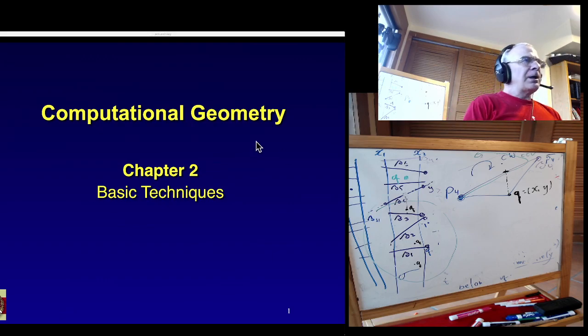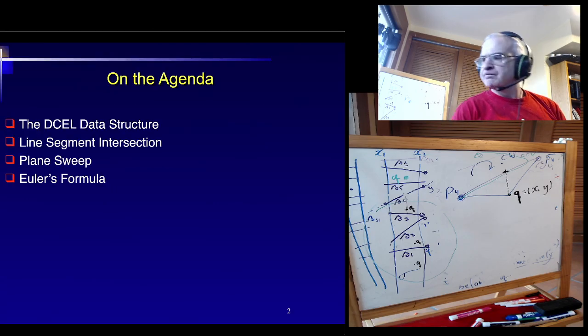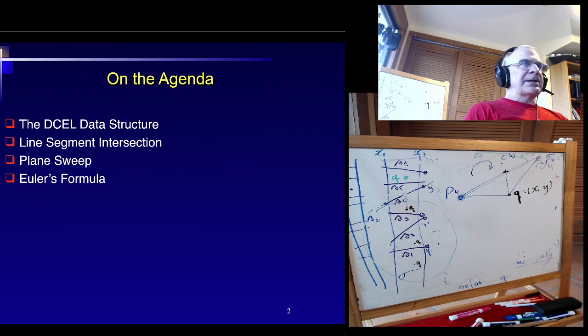Okay. We want to start with a basic technique in computational geometry. We already saw quite a few, but a few more. For a while we will stay in the two-dimensional world, and we'll concentrate on partition of the world into maps.